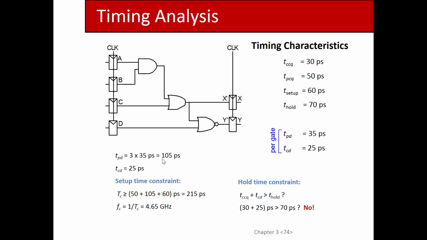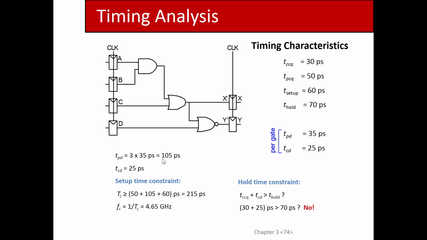Right? So if I bring a new D into this register, that new D may propagate through here in 55 picoseconds, which is too fast. The hold time is 70. It's too fast. That'll violate my hold time.